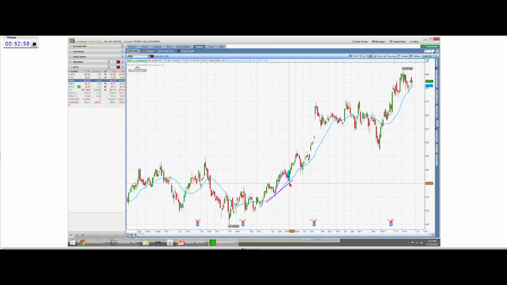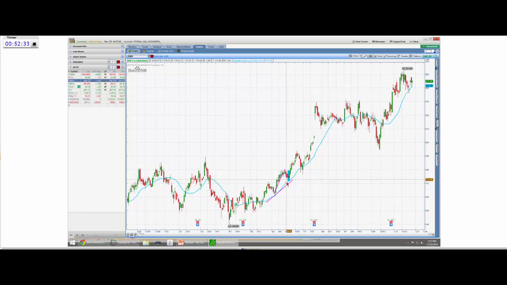Okay, it's just that when they do, you want to make sure that the slope of the 20 period moving average is still intact. If the 20 begins to flatten out because the bars have gone too far below the 20, then you've lost momentum and you want to move on, okay, and not take that trade. But here we did have that momentum intact.